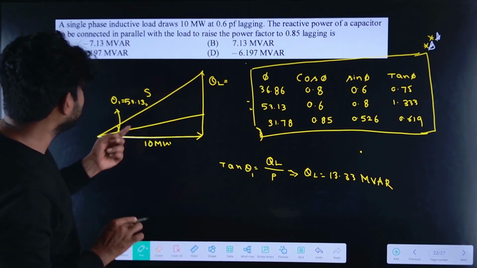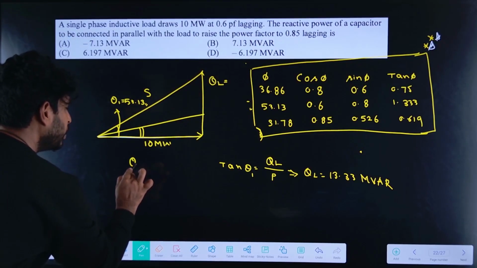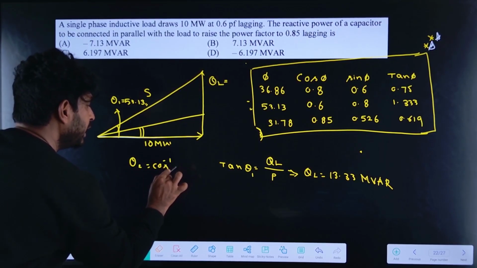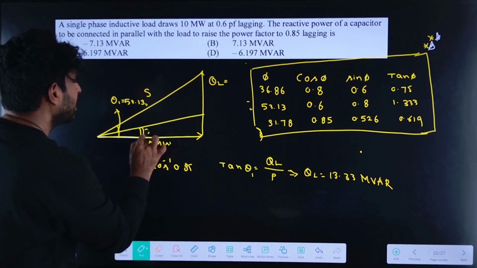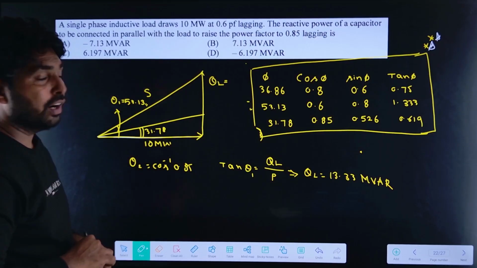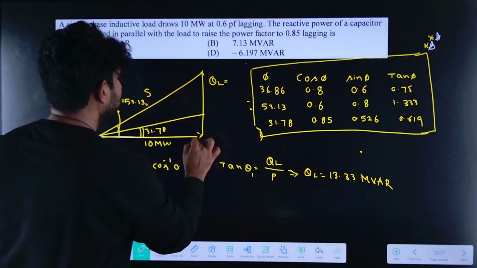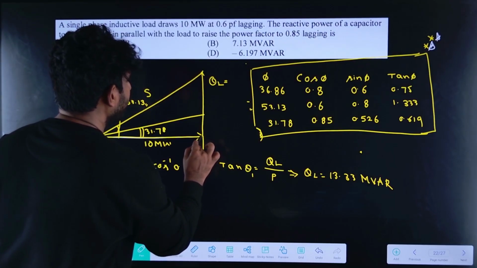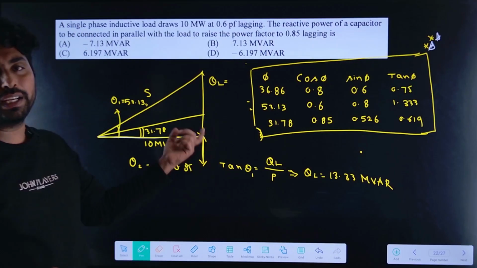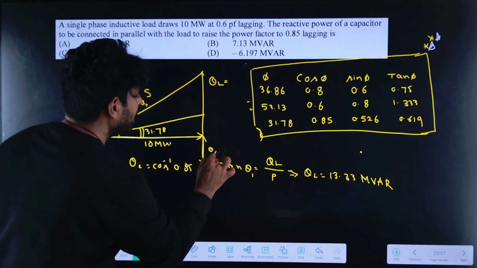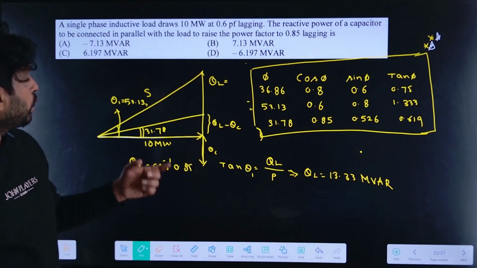Theta 2 equals cos inverse of 0.85, which is equal to 31.78, less than 53.13. Now we need to find QC. To get this 31.78 degrees, how much QC should be given? This is QL minus QC.